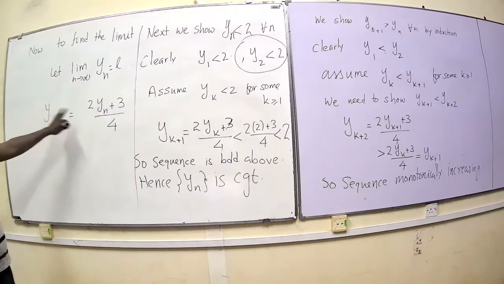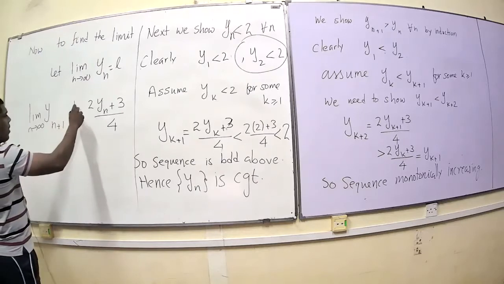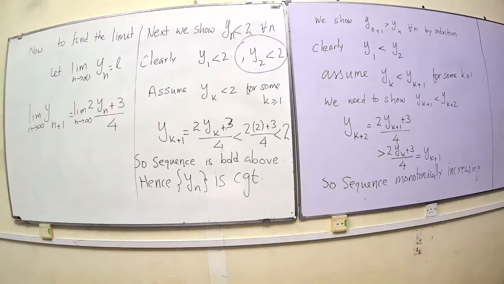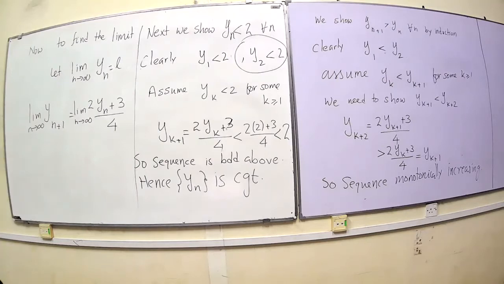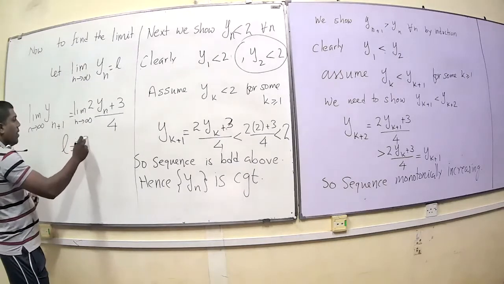So what you do is you take the limit on both sides. Right? So here, limit as n goes to infinity. Here also you take limit as n goes to infinity. If Yn goes to L, Y(n+1) also goes to L, right? Because we already proved at the beginning, the limit is unique. So there will be only one limit. If L is the limit, then this is L.